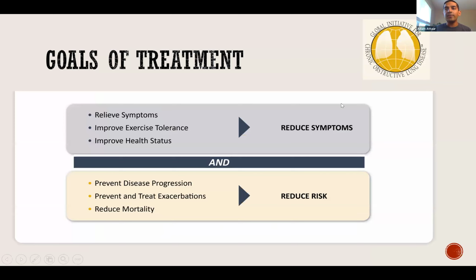So the goals of treatment in a COPD exacerbation are twofold. One, we want to reduce their symptom burden acutely and try to help improve their activity tolerance. Second, we want to try to reduce the risk of future exacerbations. And as we've talked about, this reduces the risk of future morbidity as well as mortality.